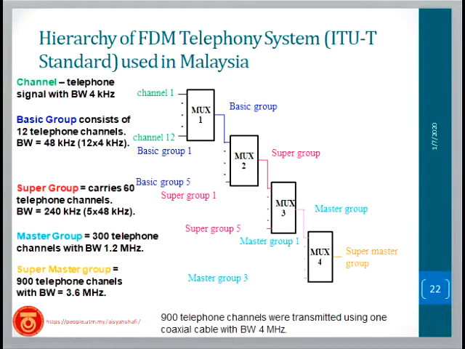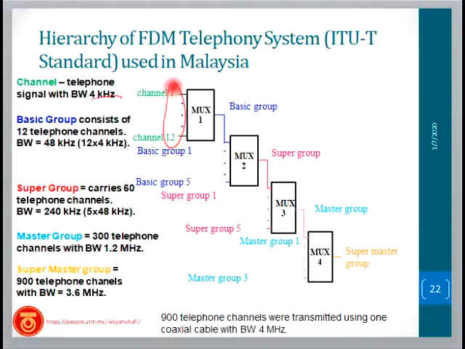The hierarchy of the FDM telephony system used in Malaysia is like this. We have a channel with a telephone signal with a bandwidth of 4 kHz, and the basic group consists of 12 telephone channels. So channels 1 to 12 will be multiplexed together into the basic group.